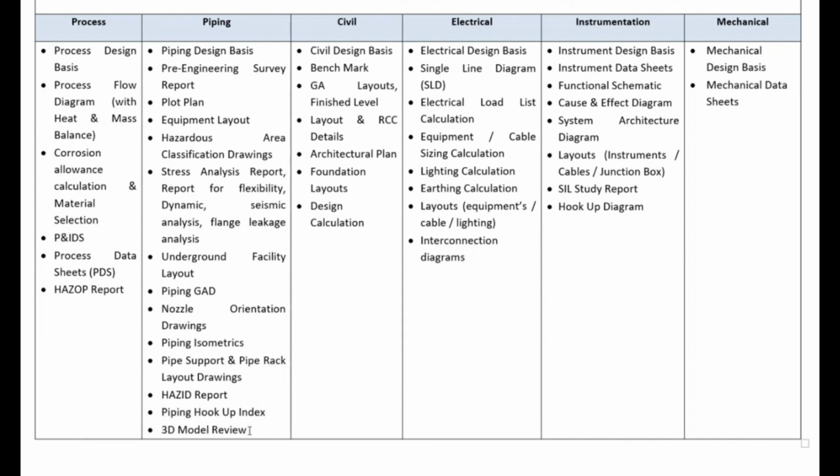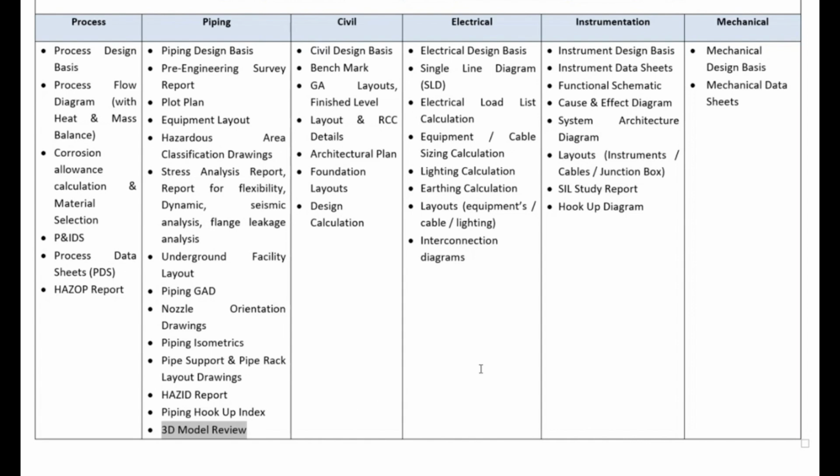3D model. Yes, the whole plant is basically developed in a 3D model, showing the connection of the piping with the vessels and everything. Nowadays the 3D model is a very common phenomenon used to visualize the piping connections, and at the same time it gives you a three-dimensional look of your plant.